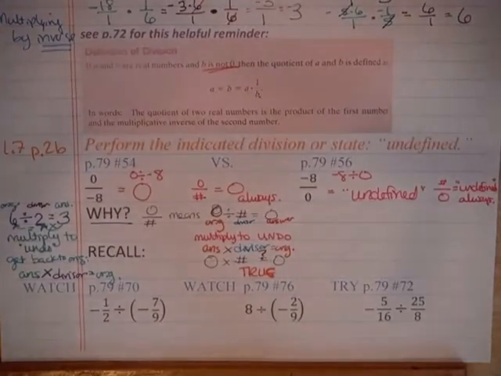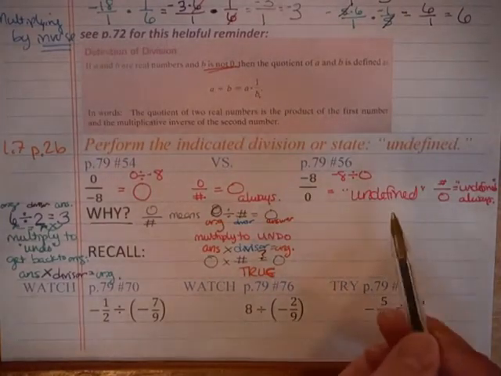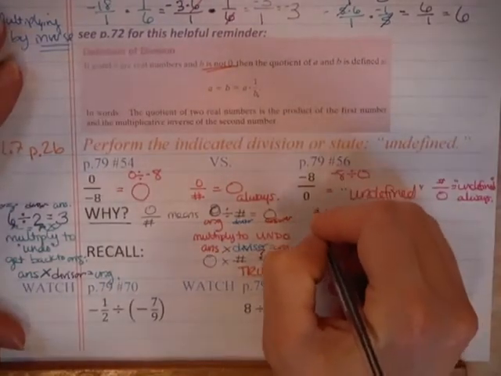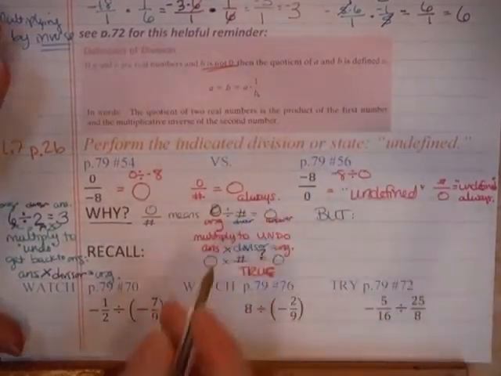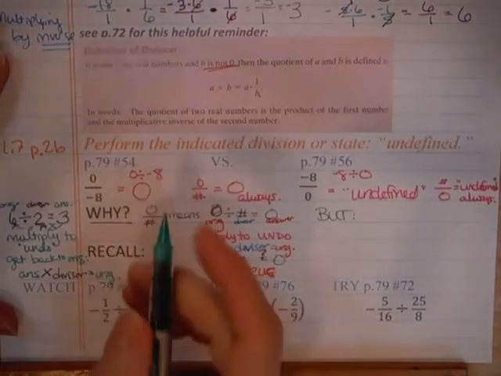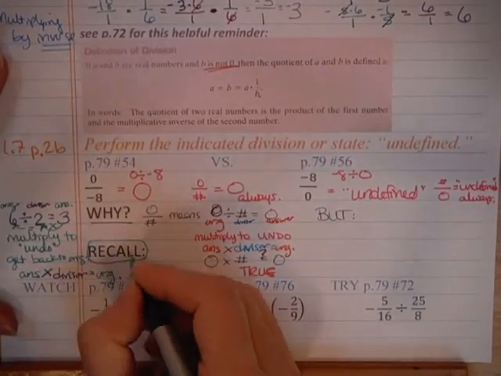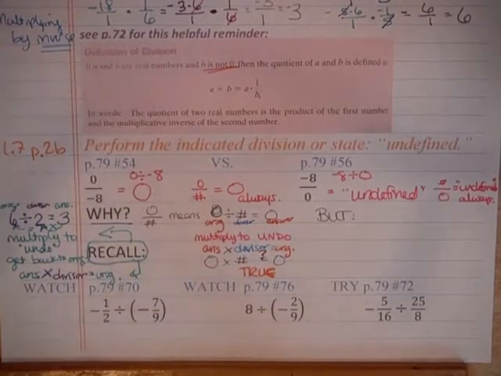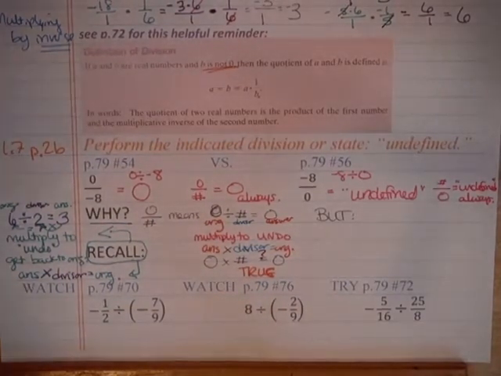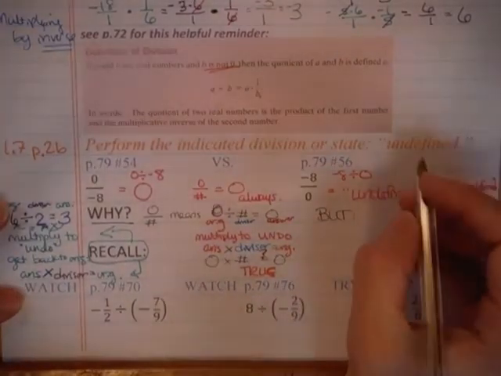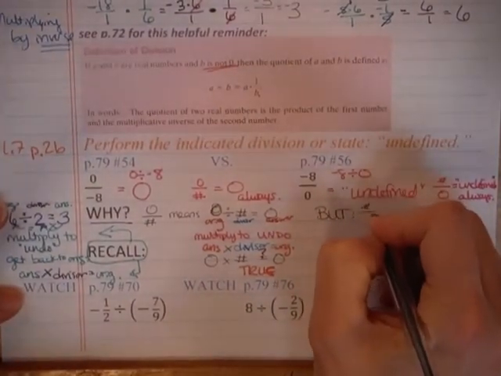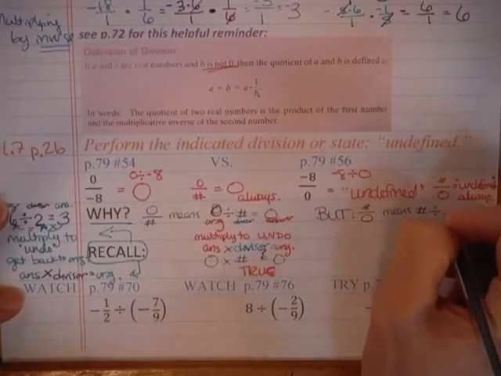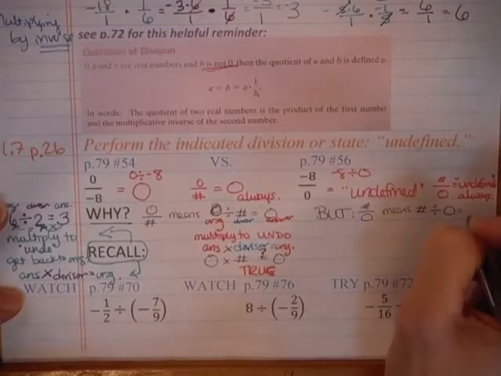So let's do that same thing now, but with our negative 8 divided by 0. I should have highlighted here that what we wanted to recall was what's happening over here on the side, that this multiplication and division relationship exists. But what if we have any old number divided by 0, which really means we're taking any old number divided by 0 and we're coming up with our answer.